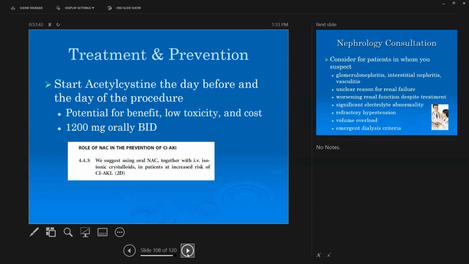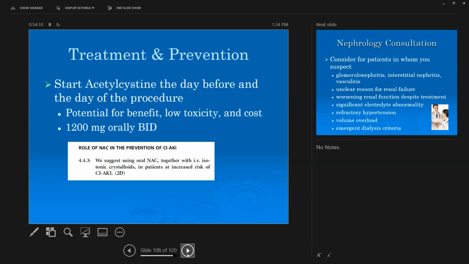We do still use it intermittently, but I don't think the evidence will really tell you either way. But the guidelines did say that if they have a high risk for developing it, then for acetaminophen overdose, it's highly encouraged. For the others, the pendulum has swung.